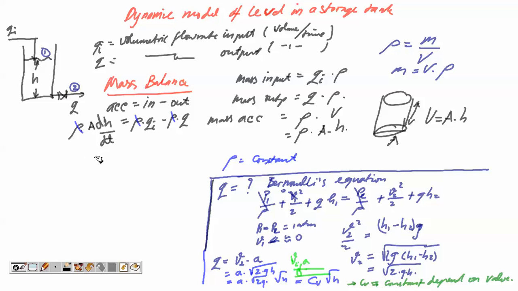Okay, now we get the complete differential equation: A dx over dt is equal to qi minus cv square root of h.